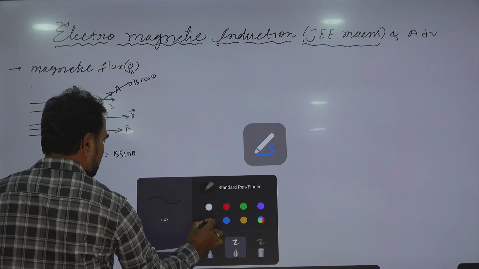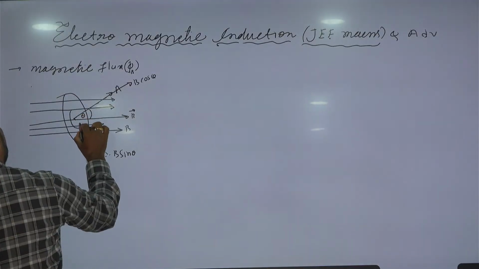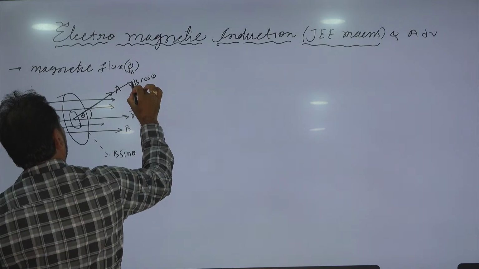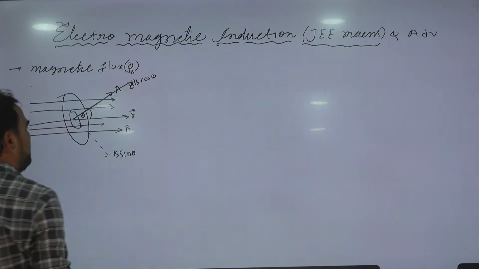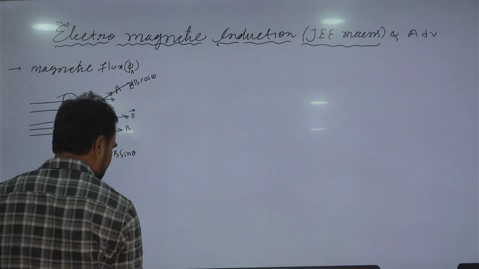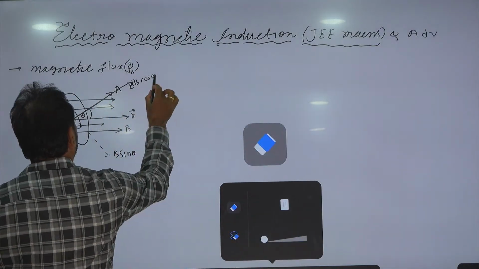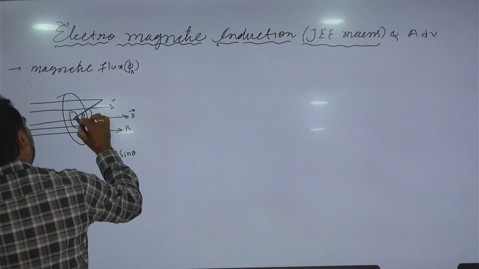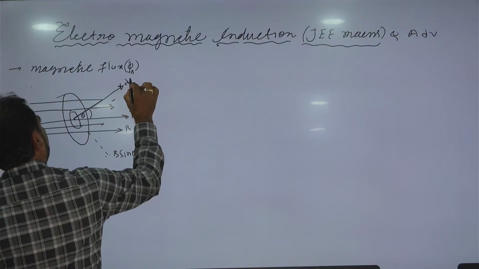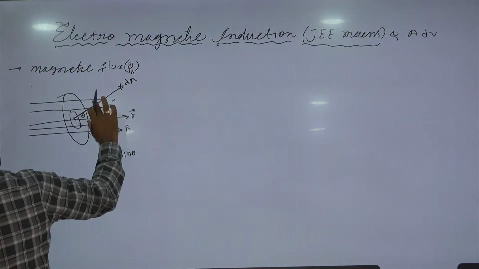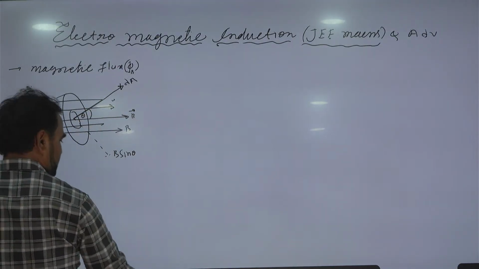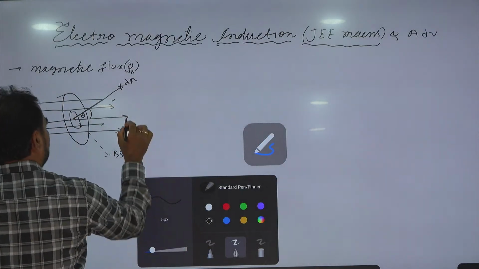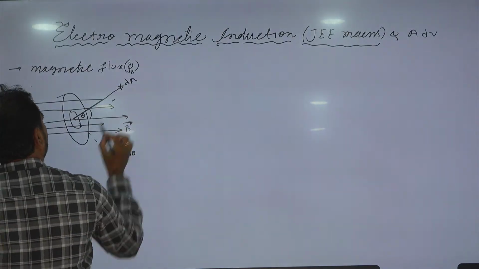How much flux is passing through this small element? It is d phi. The small elemental area is dA, whose direction makes some angle theta with the direction of the field B.